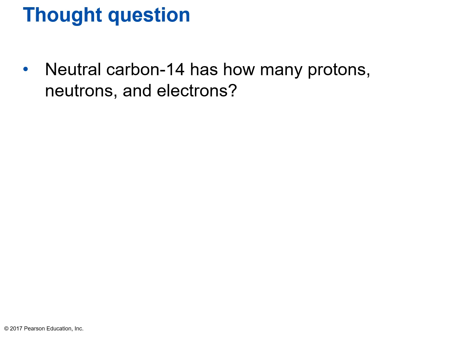So let's think through some of these. A neutral carbon-14 atom has how many protons, how many neutrons, and how many electrons? So when approaching this question, think about the atom, the element itself, and how many protons it has. So usually it's best to think of protons first.